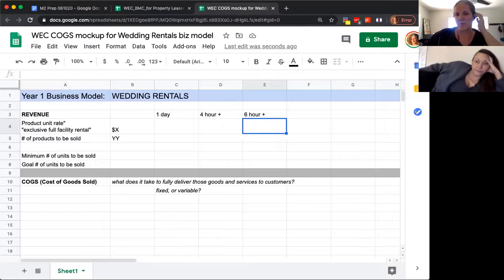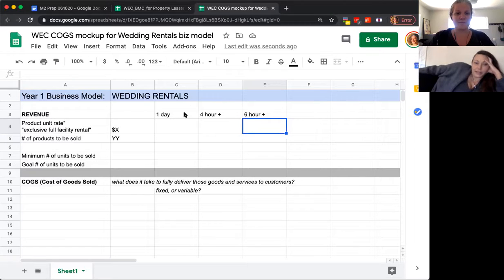Well, I just want to think a little bit more about what would be the obligatory package. Like, could somebody buy 1 day, or do they have to buy 1 day plus the 4 hours of cleanup? And what's the base package? And then there could be add-ons, which is great. But what is that base product, do you think?